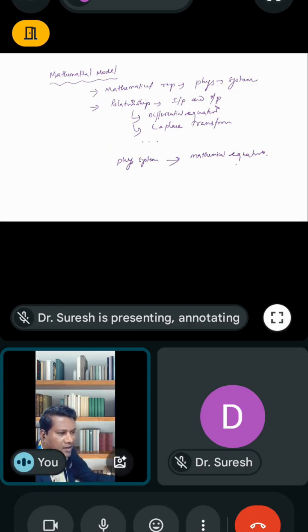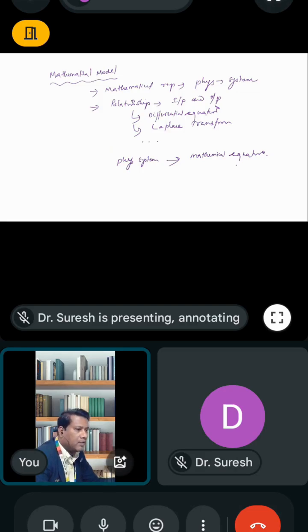But by using mathematical equations for analysis, if any mistakes happen, we only have to redo the analysis. It won't affect the physical system. Before designing or implementing any system, we have to do mathematical analysis. After that only we implement in real time.